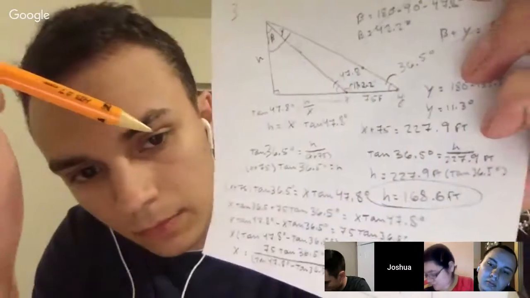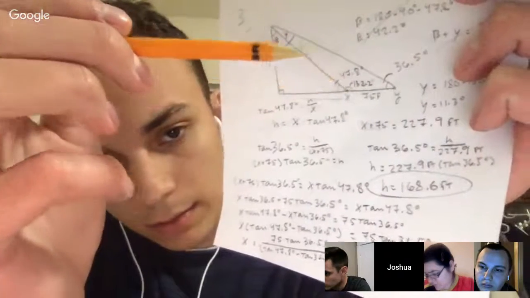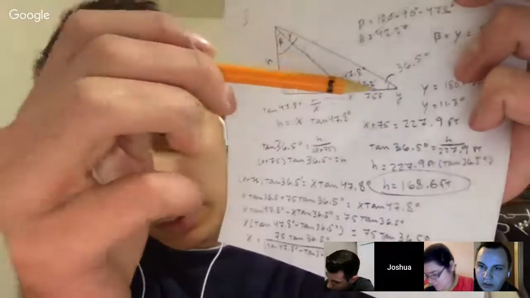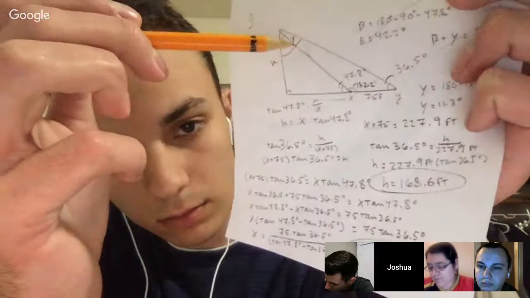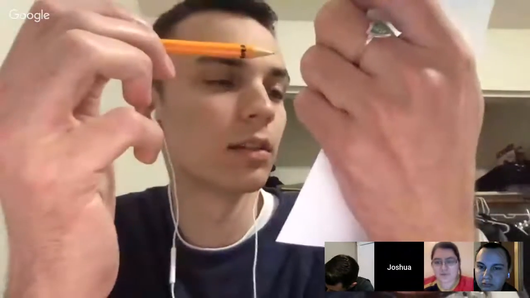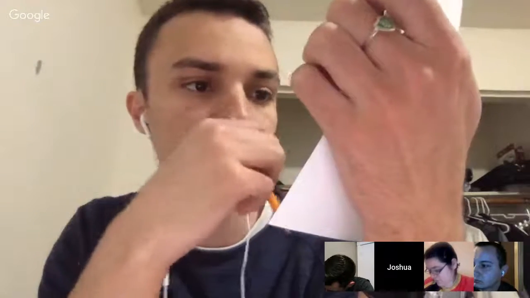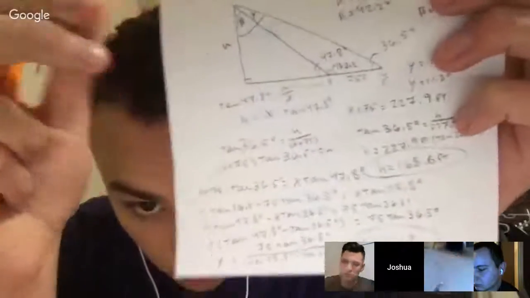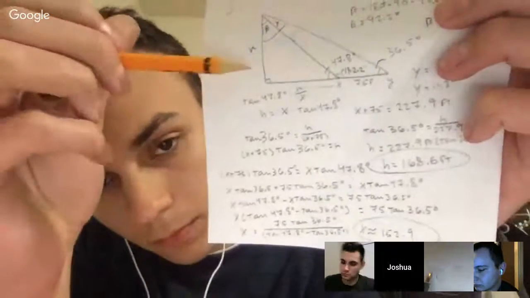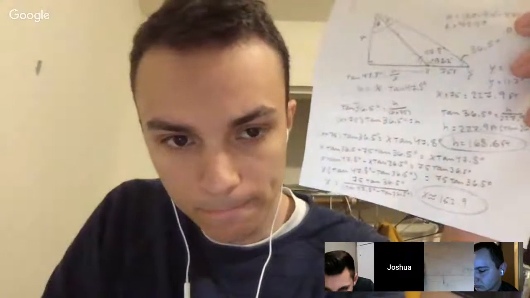And then I did 180 minus this angle to get this angle. Okay, did you get 11.3 for that one? Yeah, I got 11.3. What did you get for the length of this middle part? I got around 212.